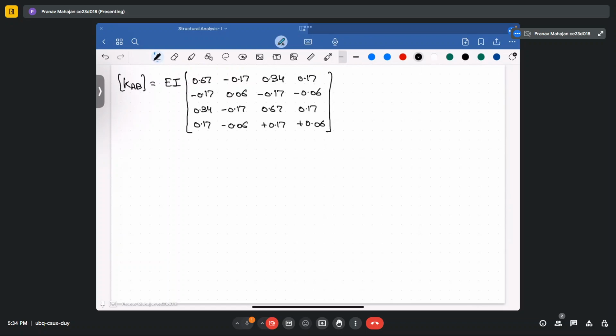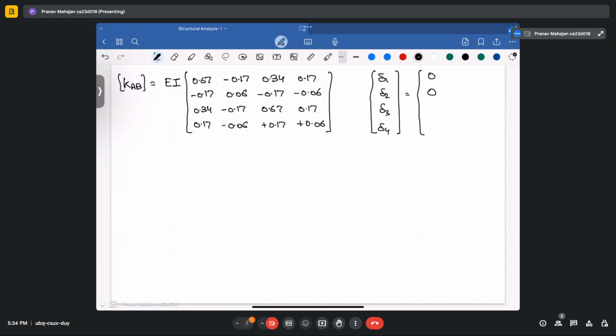And here the displacement vector will look like, so your delta 1, delta 2, delta 3, delta 4 is your displacement vector. In this case, only one displacement will be there, delta 3, because at the fixed end there would be no displacements.